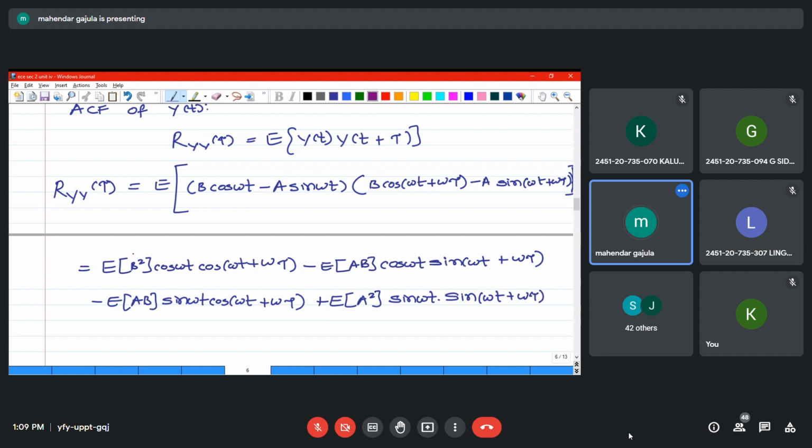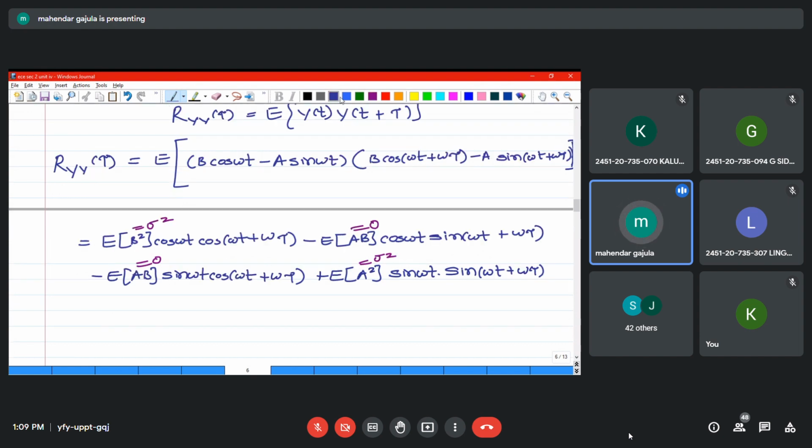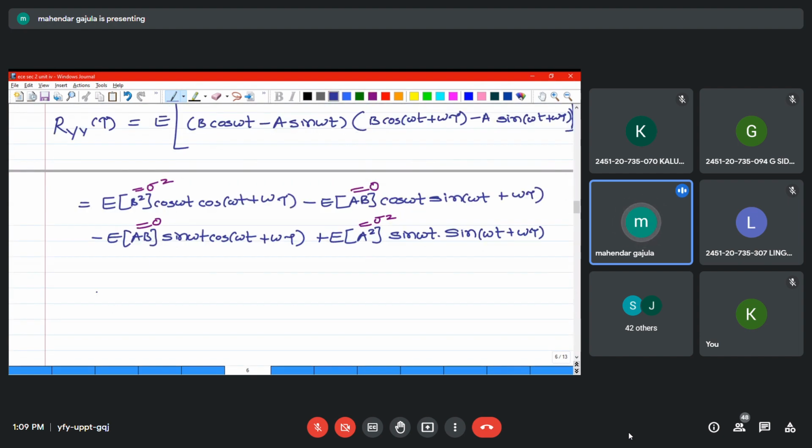Expectation of ab is 0, and expectation of a square is the variance of a. Both have the same variance, so let's take them as sigma square.